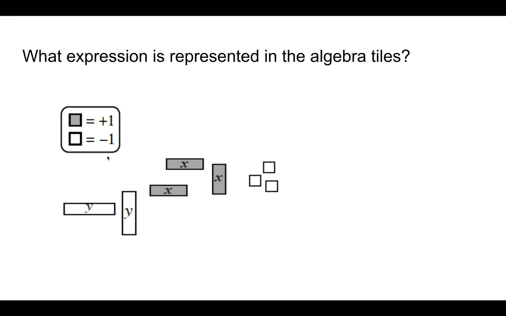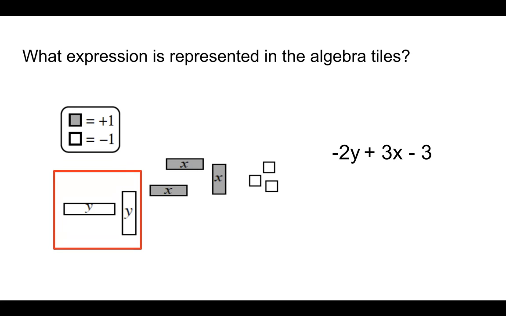Okay, now sometimes they're not going to be in color, and it'll be in white and some kind of gray color. In that case, your white tiles are negative, as you can see here, and the grayed out tiles are your positive ones. So here, for example, the expression is going to be negative 2y plus 3x minus 3. And I'll show you why.